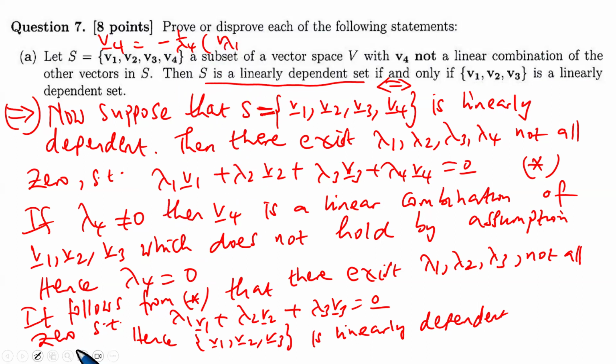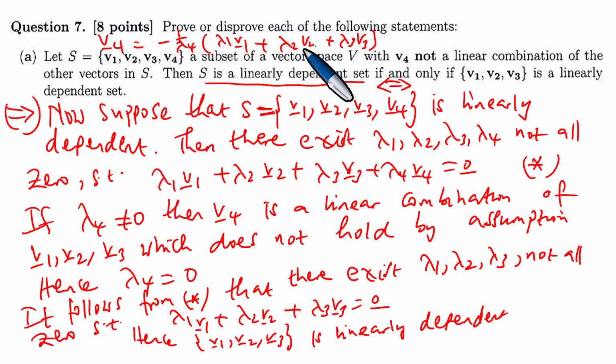You solve like this: because this lambda is not 0, you can make V4 the subject. You transpose V4 and then divide everything by lambda 4, because lambda 4 is not 0. And then you have lambda 1 V1 plus lambda 2 V2 plus lambda 3 V3.